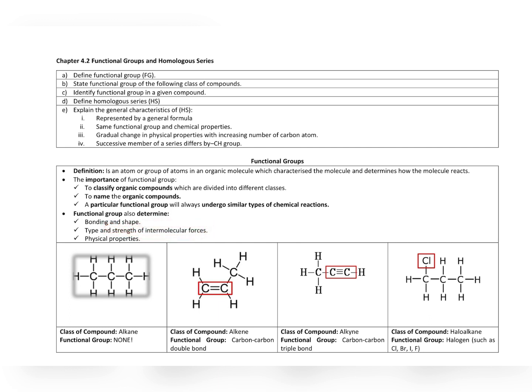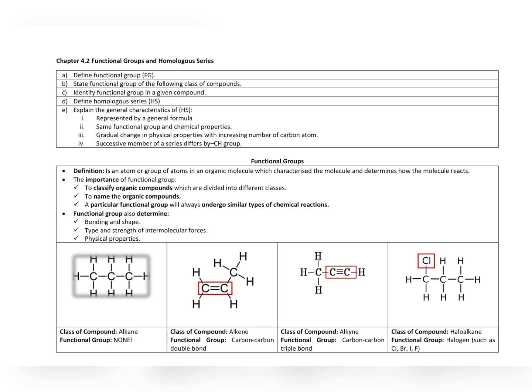Okay, and then strength of intermolecular forces usually will affect the physical properties. Sebab physical properties ni such as boiling point, okay, melting point. So kiranya kalau intermolecular forces ni strong, so usually boiling point akan lebih tinggi lah. Okay, alright. Okay, so itu macam brief description on what is functional group.